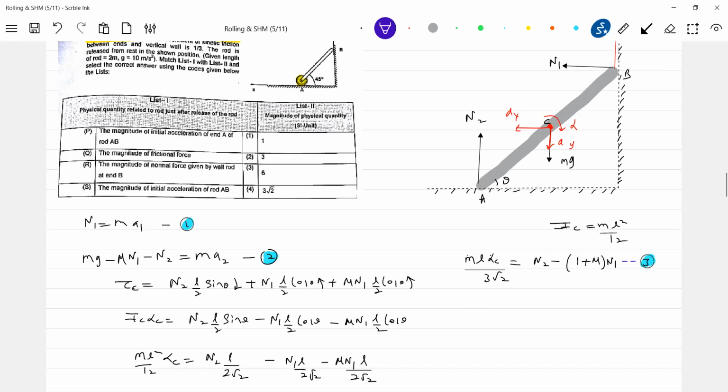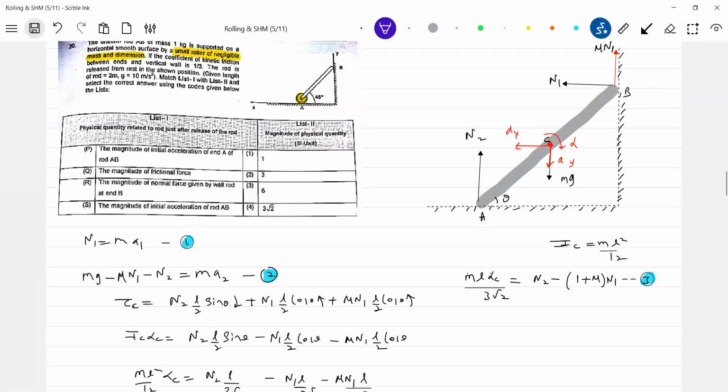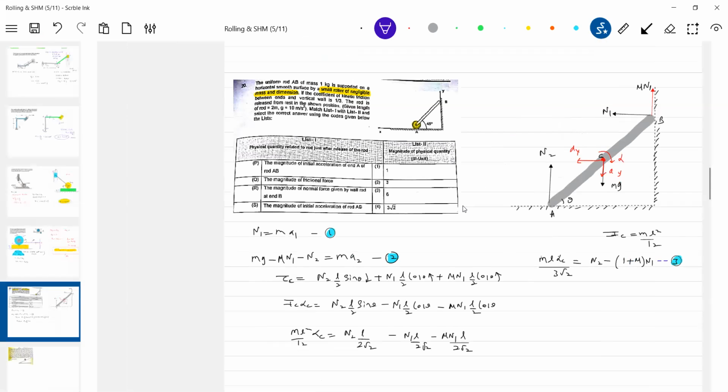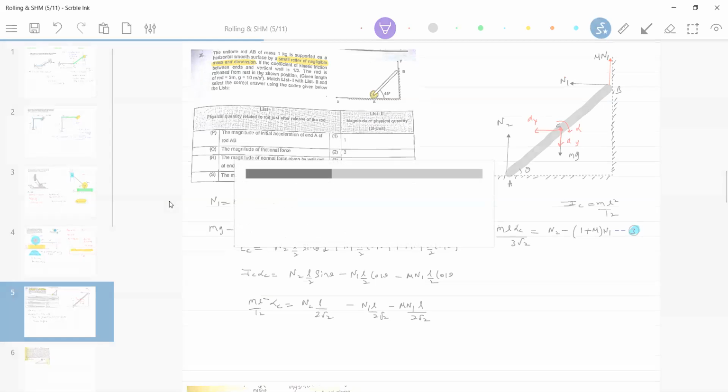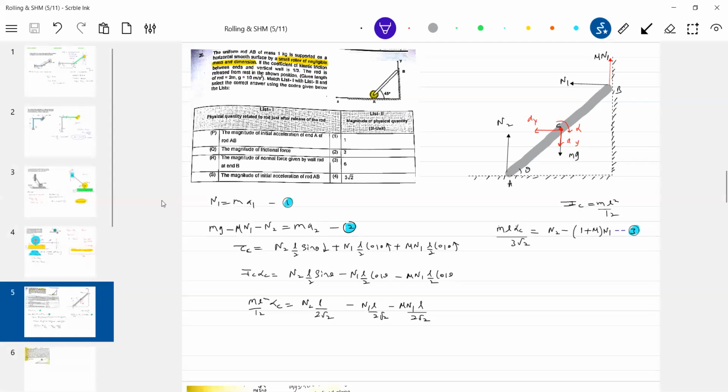Now you see it. Okay, we'll take the rod. No acceleration. This will be L by 2 alpha. This is theta.